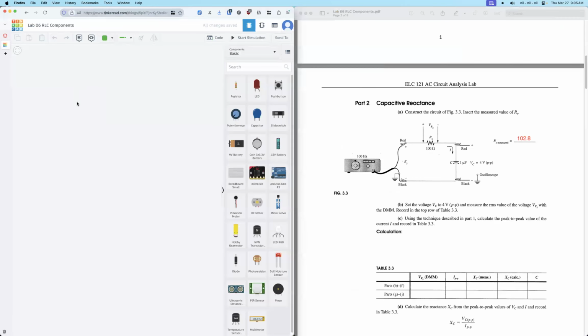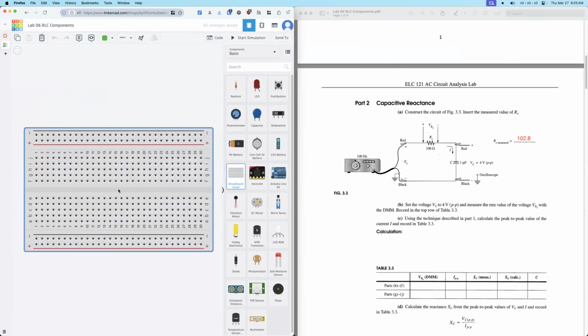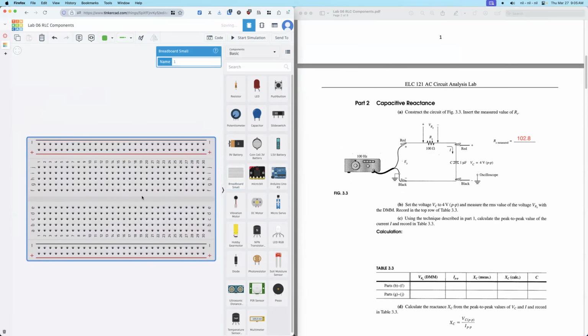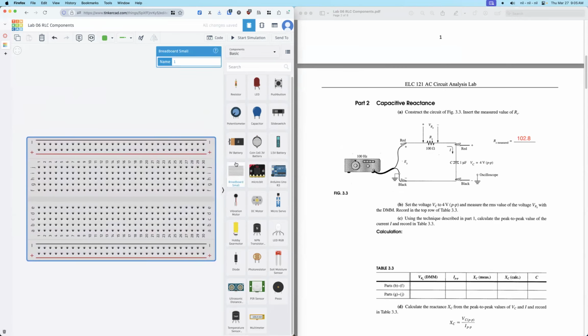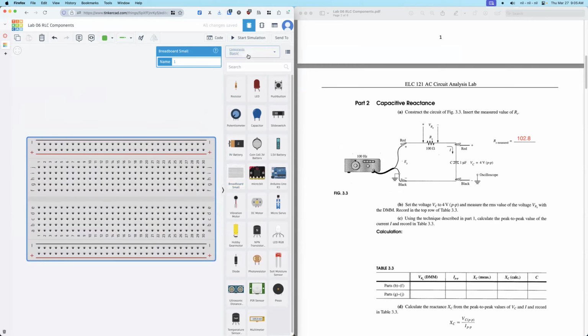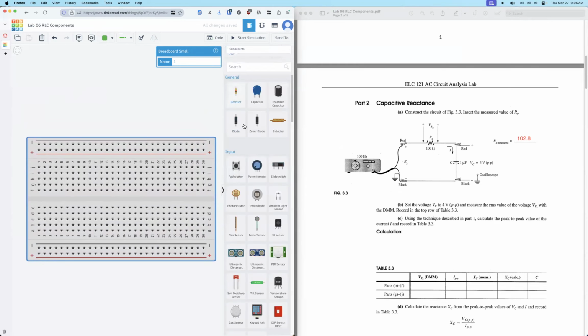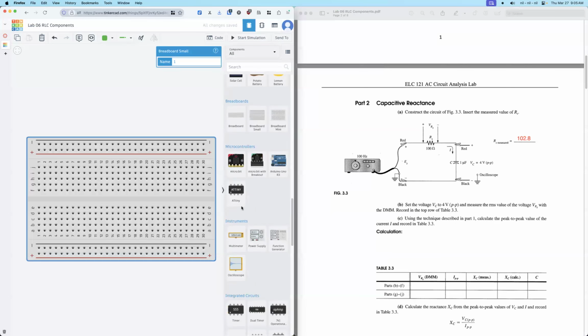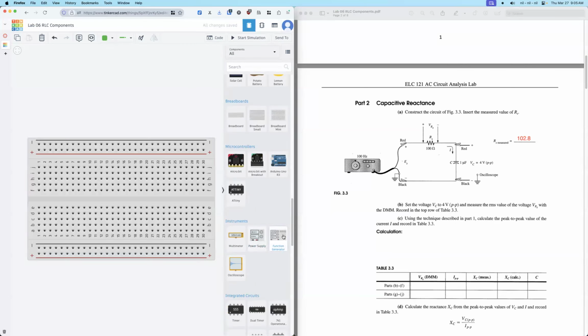I already created this in Tinkercad. After we finish this one, I will post the link in Canvas. So first, the breadboard, and the AC voltage source, so we need to change this to the function generator.